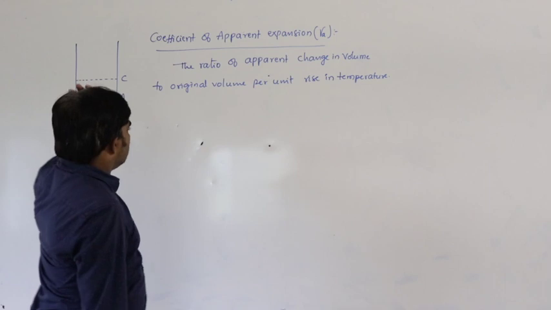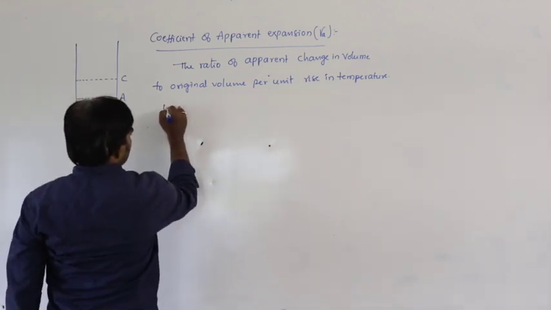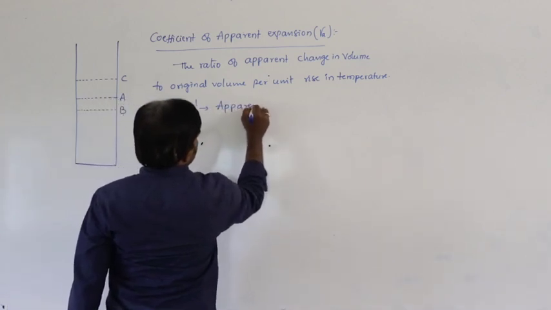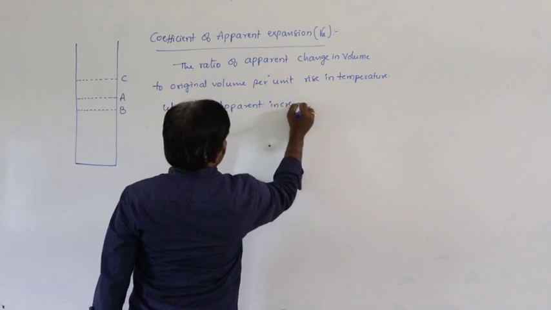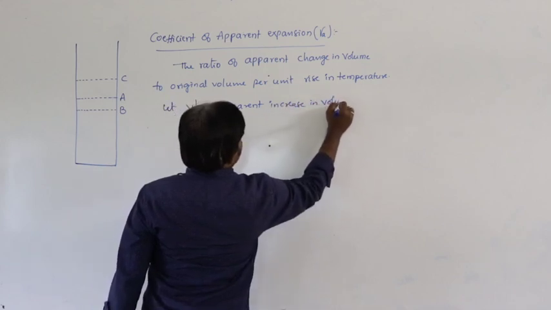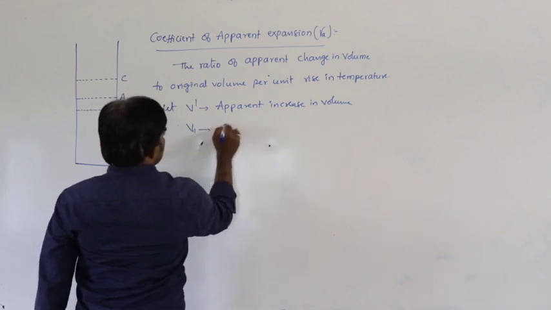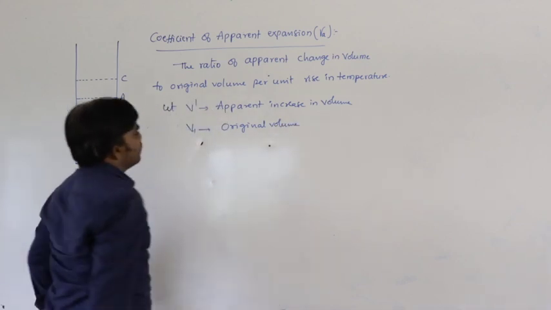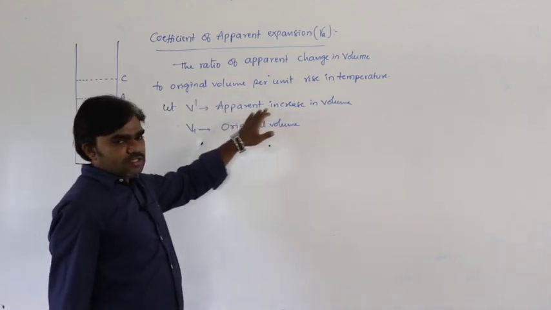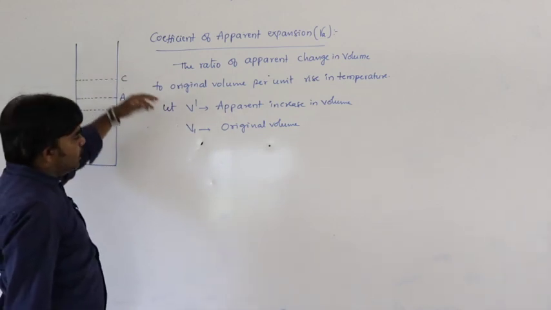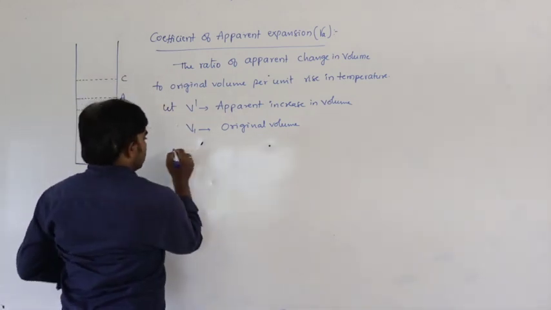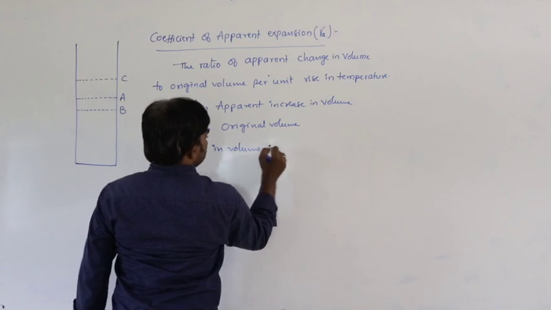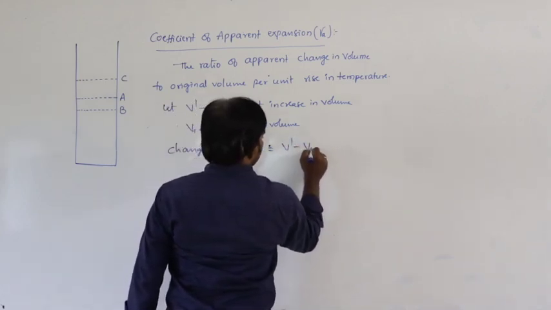Ratio of apparent change in volume. Let V dash be the apparent increase in volume. Let V1 be the original volume. V dash is the apparent increase in volume, that means A to C. Then what is the change in volume here? The change in volume is equal to V dash minus V1.